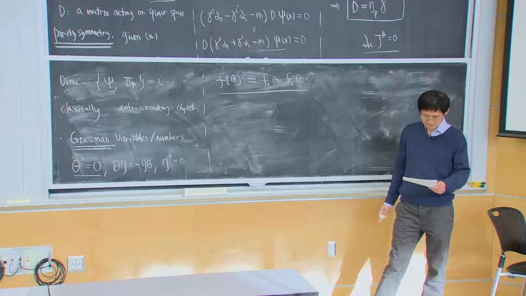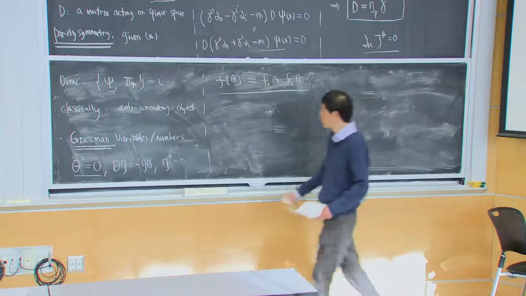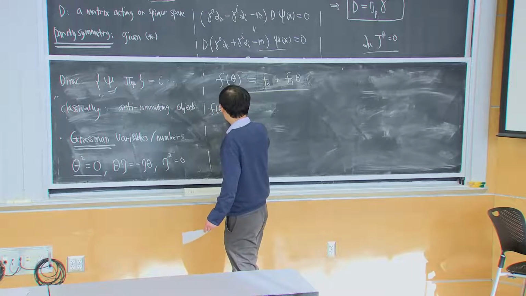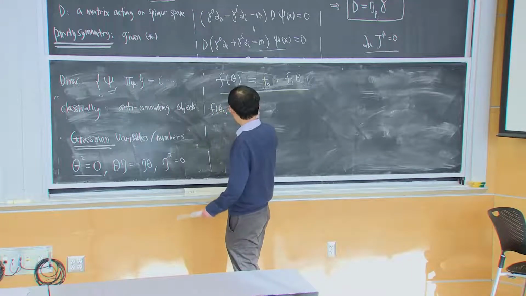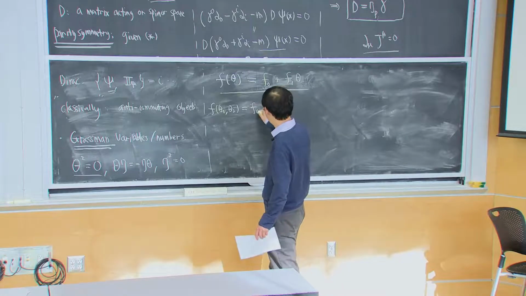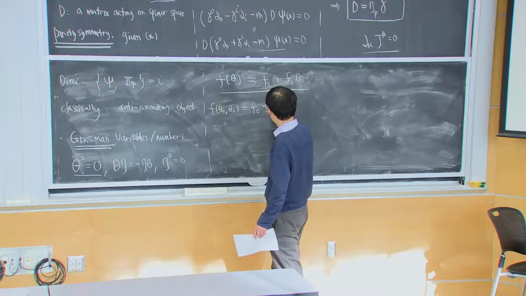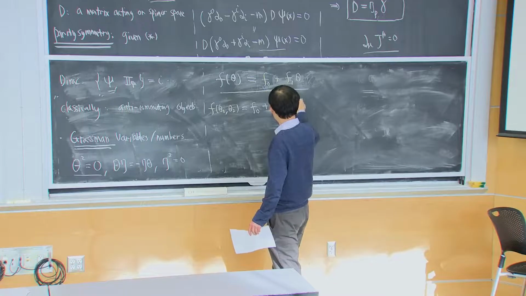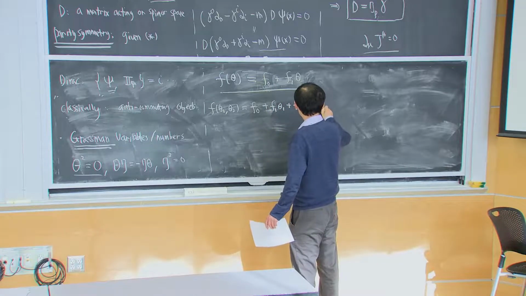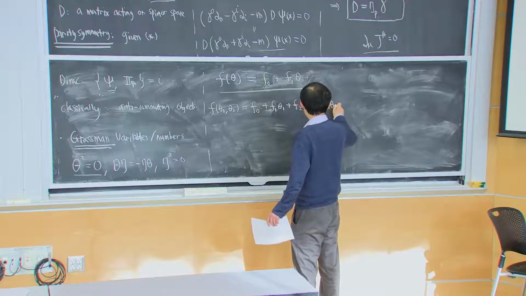Okay. And if you have 2 variables, theta 1 and theta 2, then you just expand until you encounter zero: you have f0 plus f1 theta 1 plus f2 theta 2 plus f12 theta 1 theta 2.